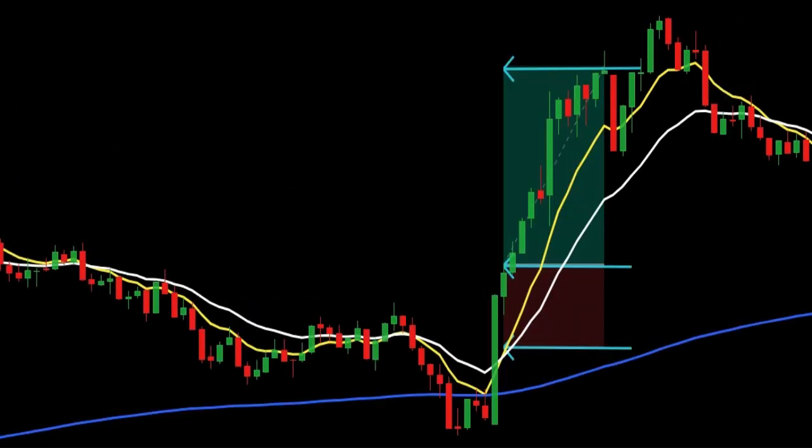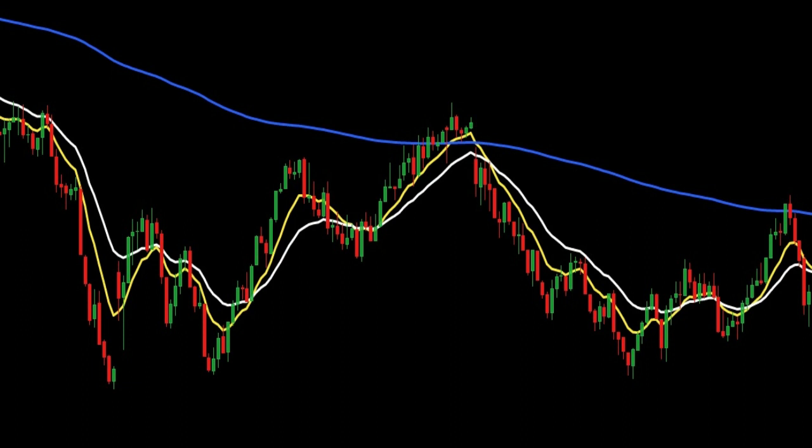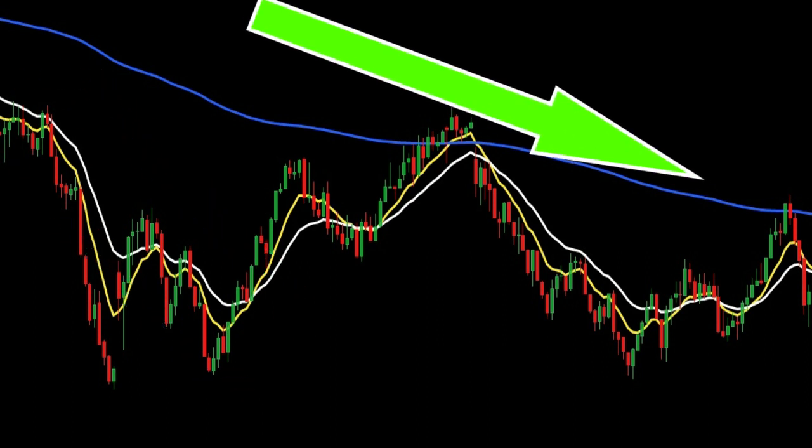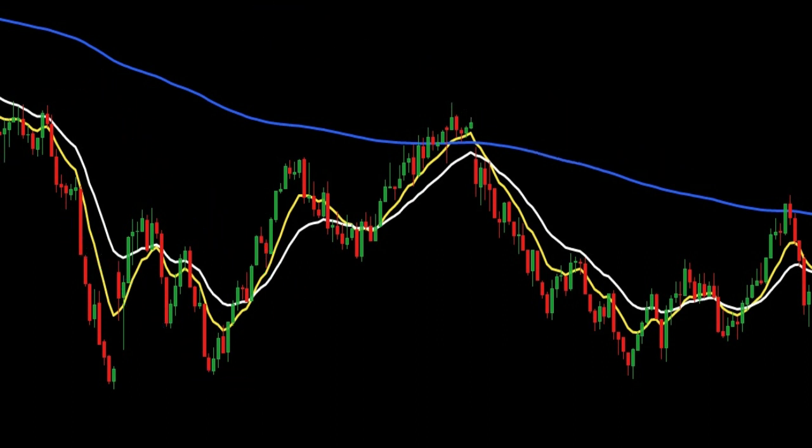Now let's see a sell example. For the sell setup, as we can see in this chart, price was trending below the 200 EMA, and the EMA slopes downwards, which confirms the downtrend. Now look at this chart carefully.